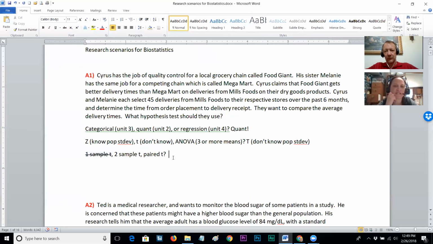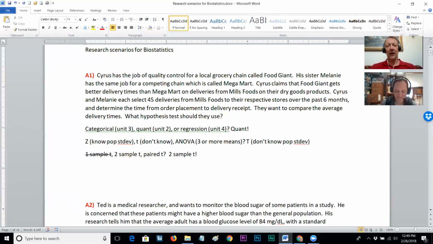I'm just going to say 2 sample T, because one person's sample isn't dependent on the other one's. Oh, very good. That deserves a big pat on the back. Good job. Easily the most confused one.